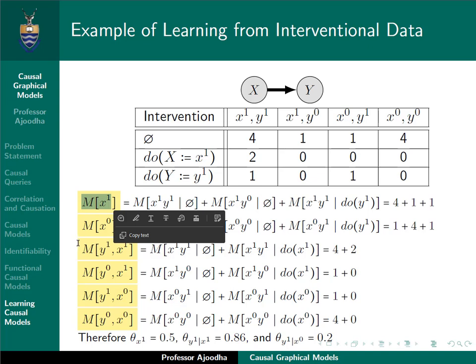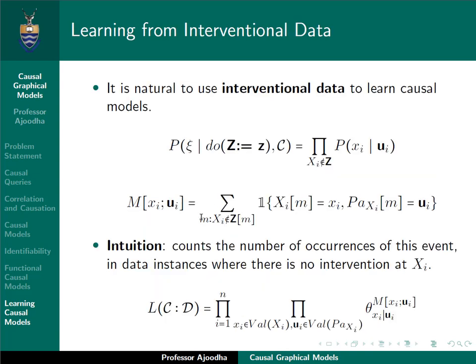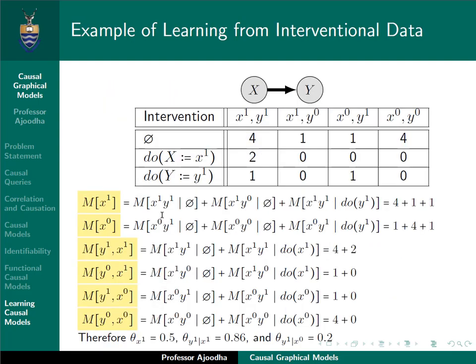x1. So we look at this table now and we say, okay, remember what we said before, we can't count the places where we forced x1 to take on x1. Right? We're going to count x1s, but we can't choose that one, because if we choose that, then we biased it by forcing x to take on that particular value. So we're going to count this one where x was 1 naturally without forcing anything and y was 1.